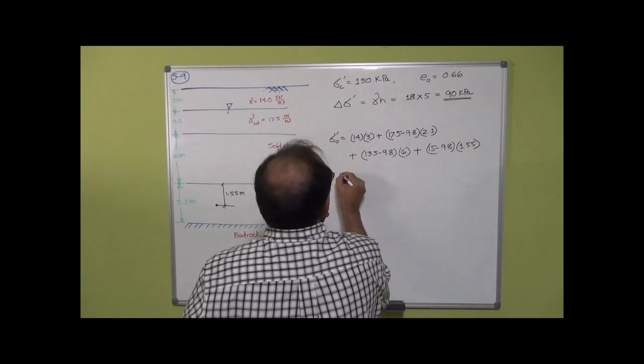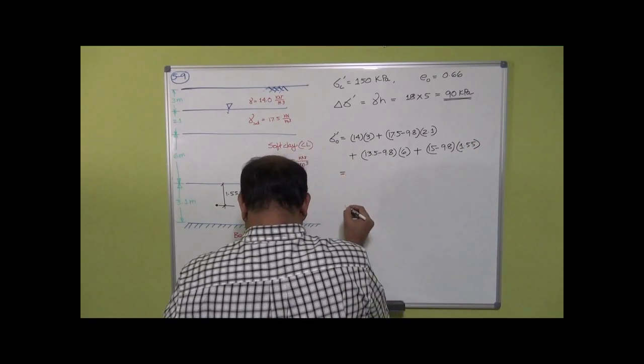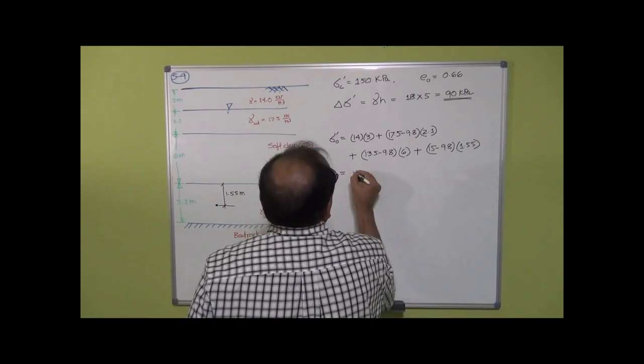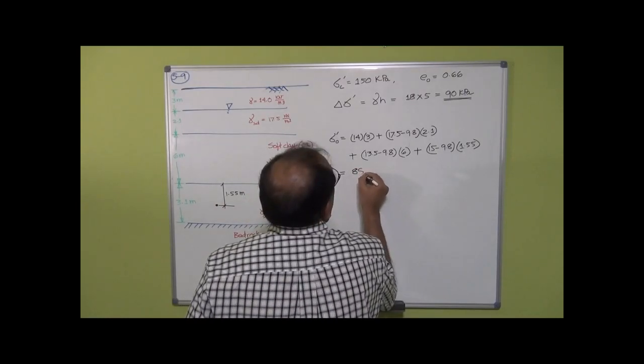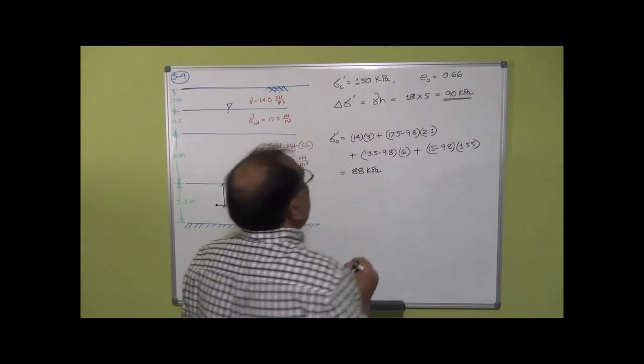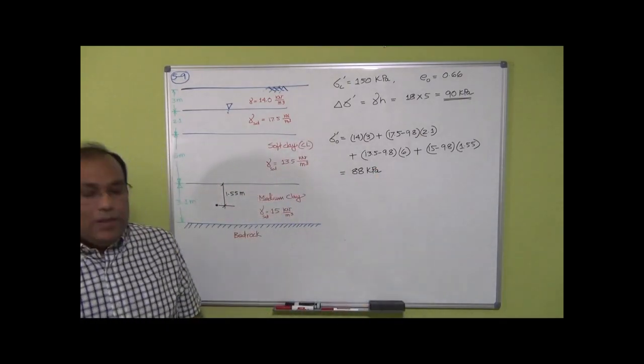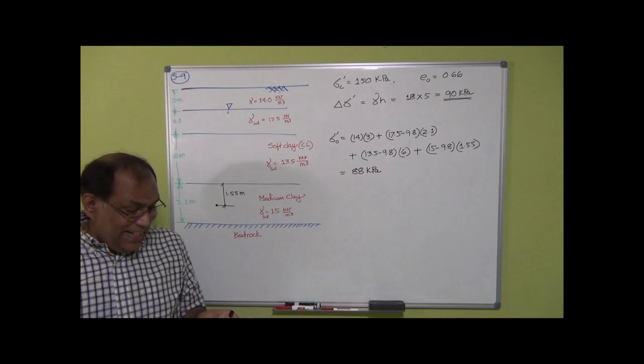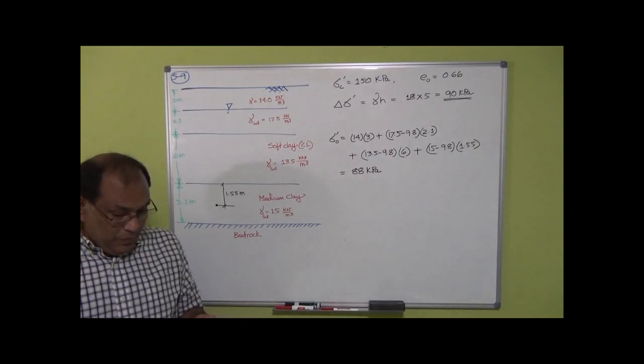So this one is basically 88 kPa. Okay, so the answer is D, 88 kPa.